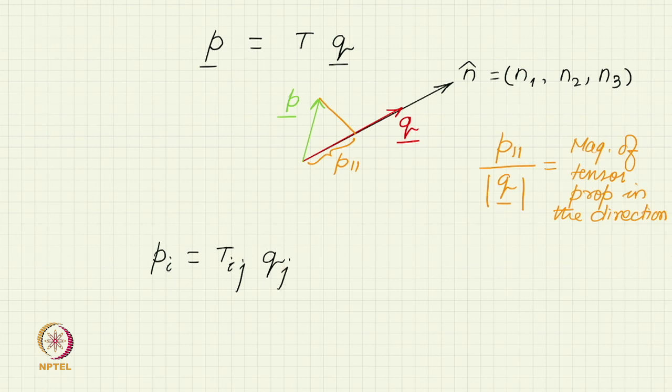So, Qj is the applied vector and Pi is the resulting vector. Now, Qj can be written as the magnitude Q times Nj, where Nj are the components of the unit vector, or we can say that they are direction cosines of the direction of interest. So, we can write this as Q times Tij Nj.